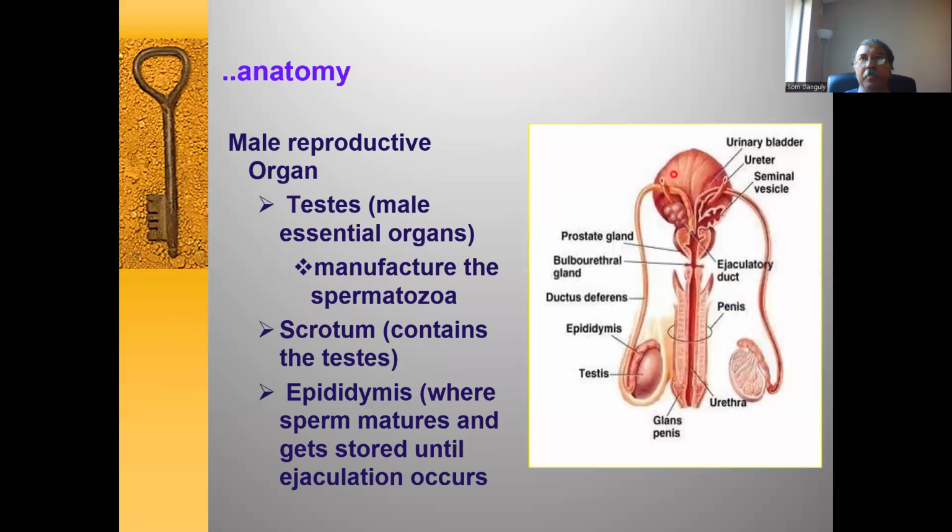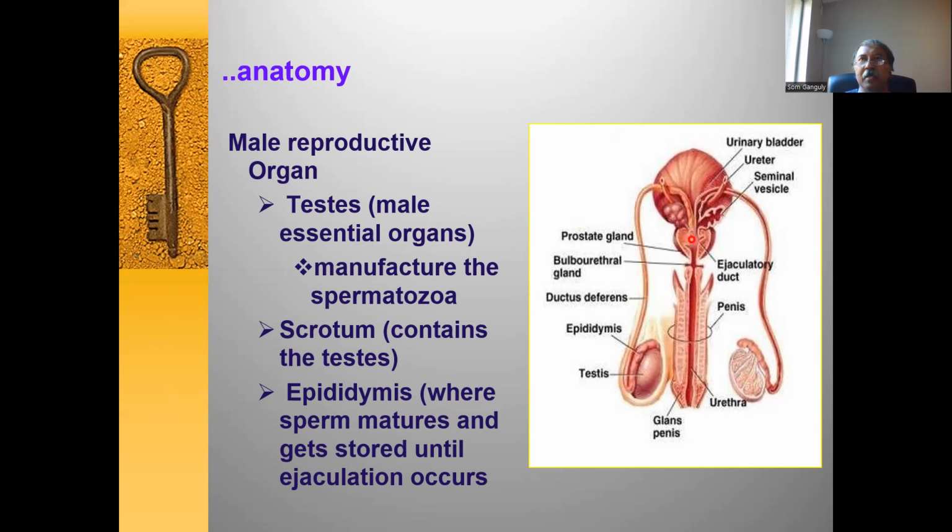So the prostate's alkaline fluid comes out through the prostatic duct into this ejaculatory main duct, where we also find the vas deferens, spermatic cord, which empties its sperm.